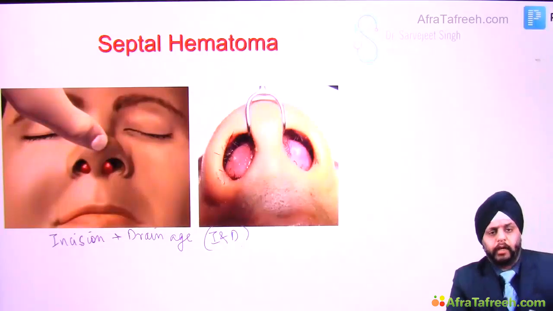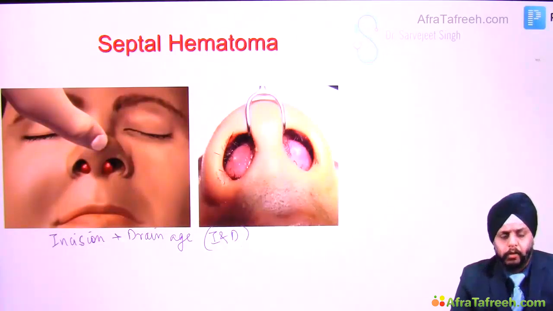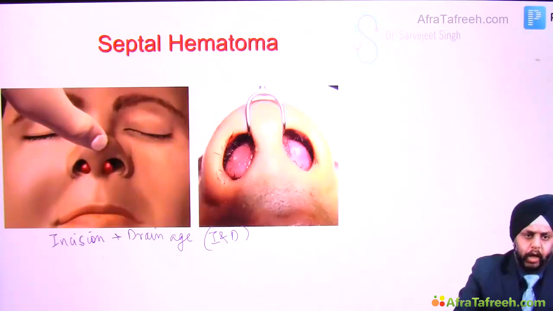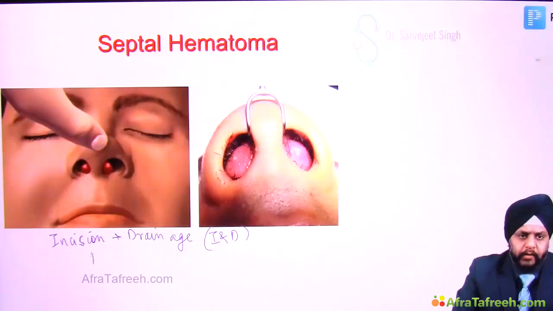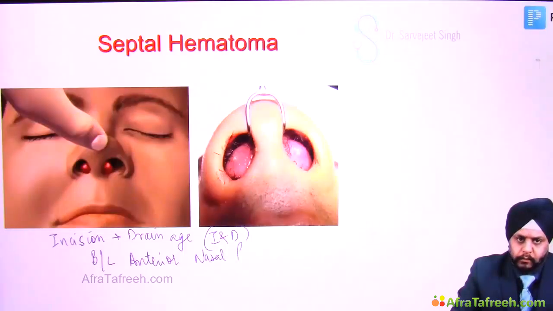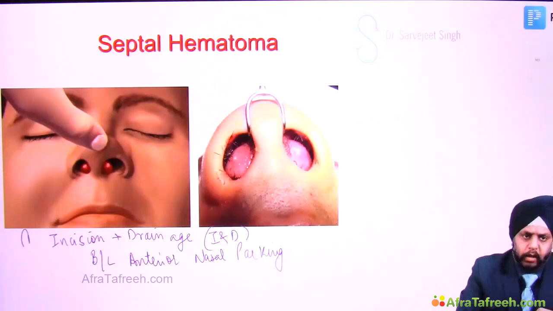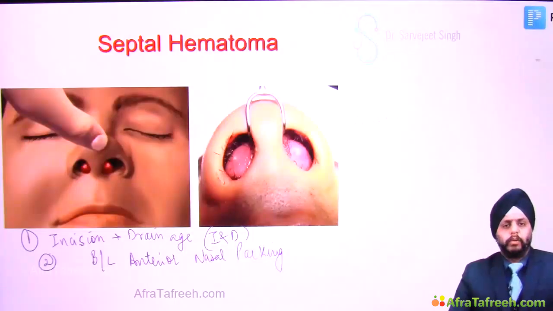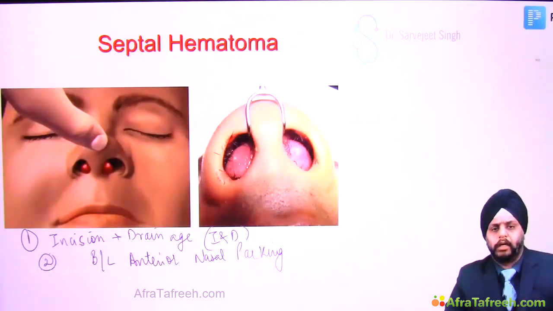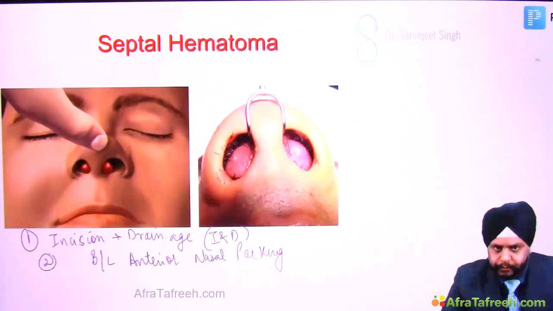The blood will keep on coming out. To stop that, you have to also apply pressure. How will you apply pressure? You will do bilateral anterior nasal packing. So treatment consists of number 1, incision and drainage, and number 2, bilateral anterior nasal packing.